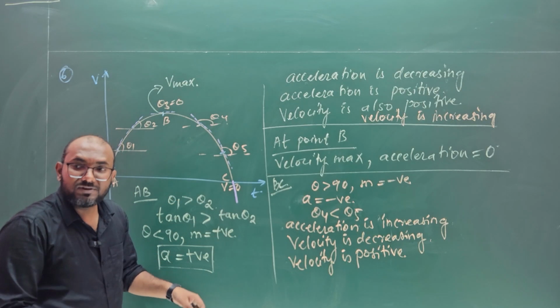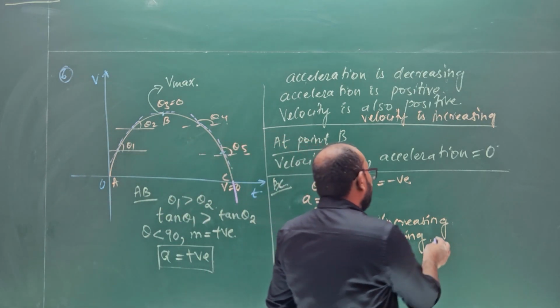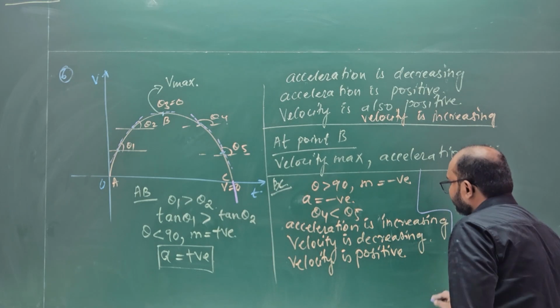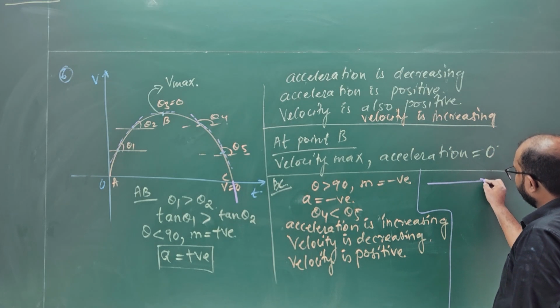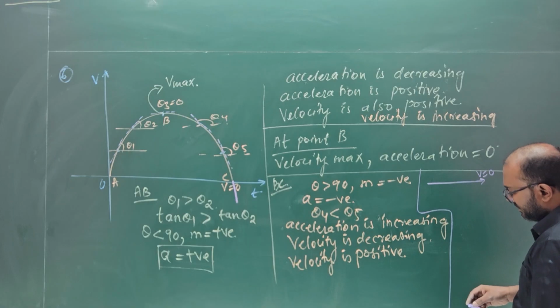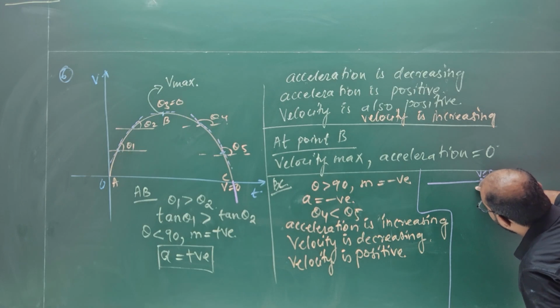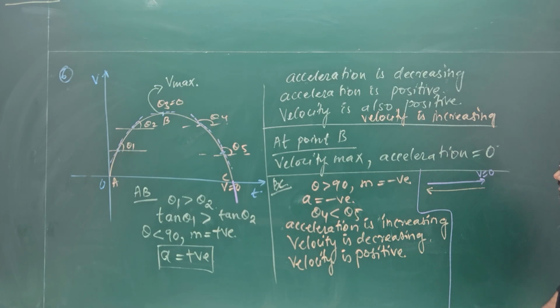After velocity becomes 0, we all know that if a body is moving in this direction, at any point velocity becomes 0, definitely that body will be returning back to the same path, na? But in the opposite direction. Yes or no? So now velocity is also negative and acceleration is also negative.